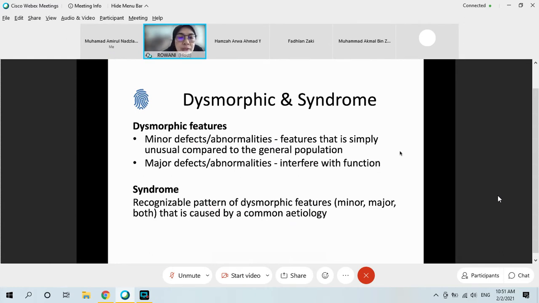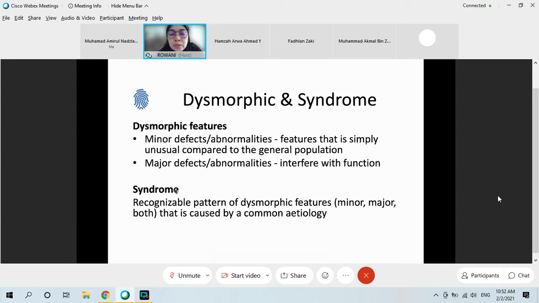Now, earlier we talked about dysmorphic features and syndromes. What is a syndrome? It is a recognizable pattern of dysmorphic features. You see the father and daughter just now. The facial appearance that you see is seen in other people as well, and it is given a recognizable pattern.